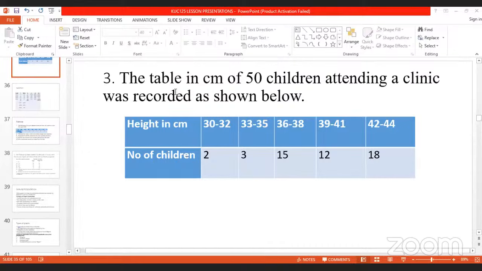Cynthia Mochi, is that the standard deviation or is that the variance? Skewed distribution.